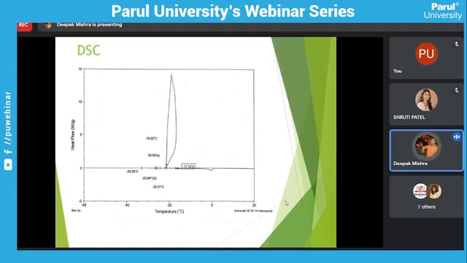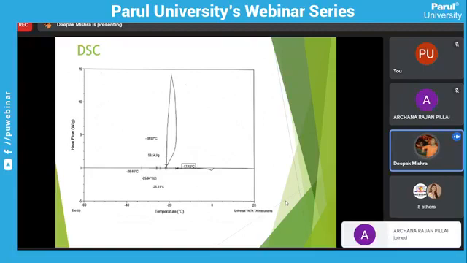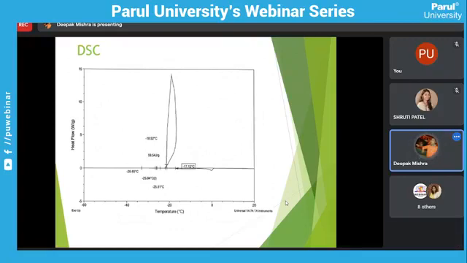At minus 25.94, if we increase the temperature, going to minus 24, minus 23, the product will collapse. So we select minus 25.94 as the starting temperature for primary drying. This is the initial critical temperature for primary drying selection.